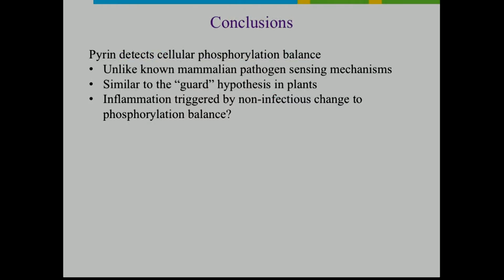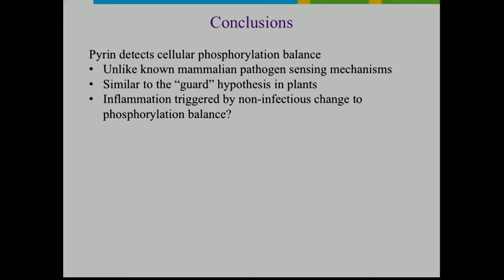So these are the two conclusions I'd like to make. First of all, Pyrin is a pathogen sensor, but it is not like the known mammalian pathogen sensors. It doesn't seem to be directly sensing a bacterial or pathogen product. Instead, it seems to be sensing the cellular phosphorylation balance.